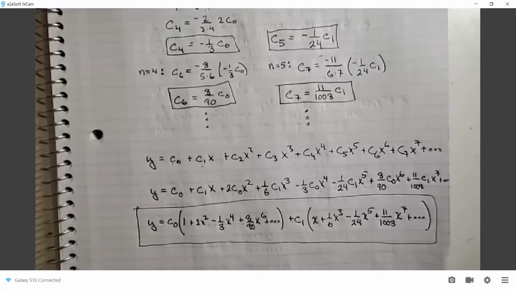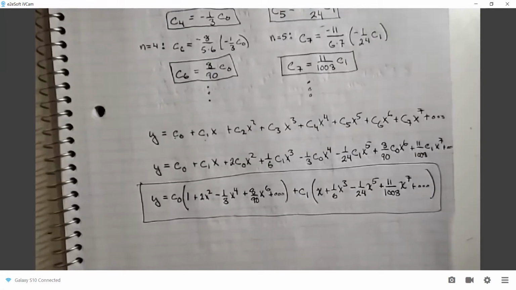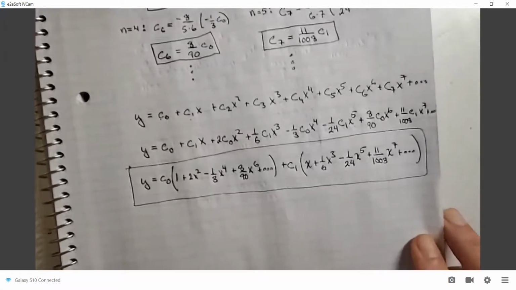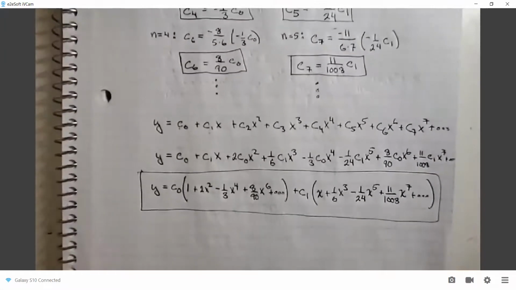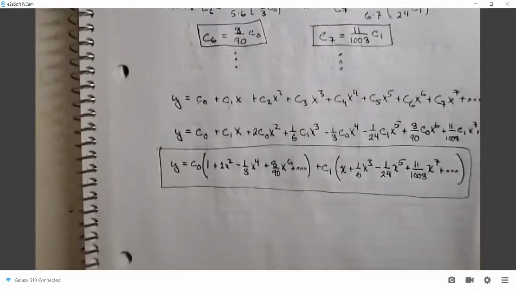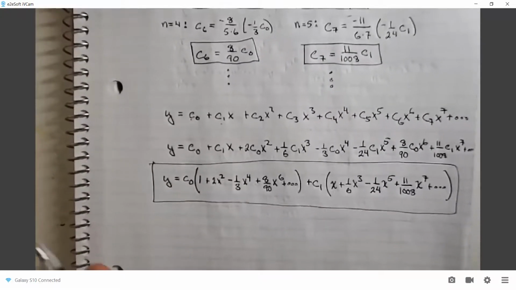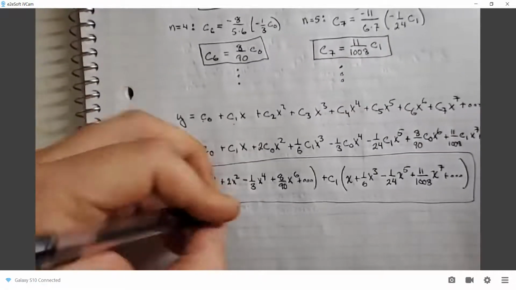All right. So by the way, initial conditions, the way they work here. If I look at initial conditions, what's y of 0?